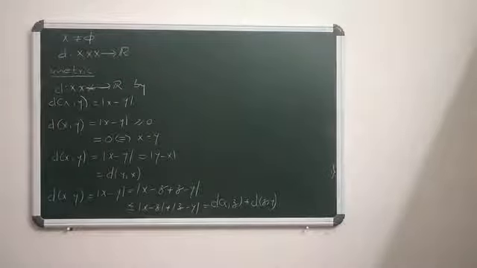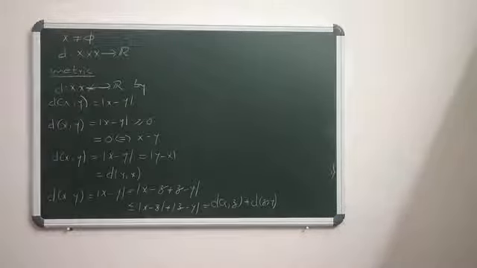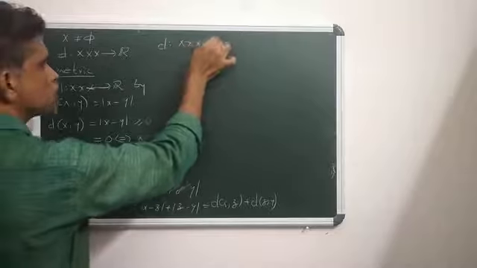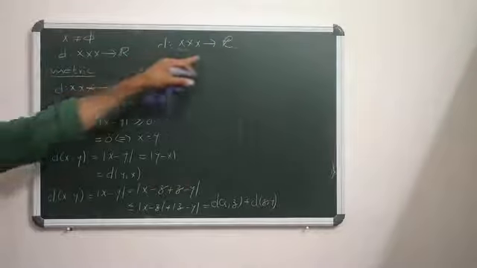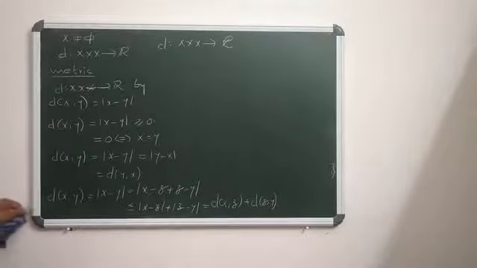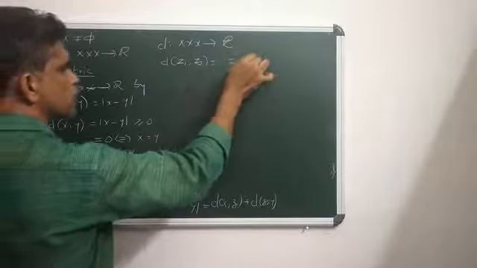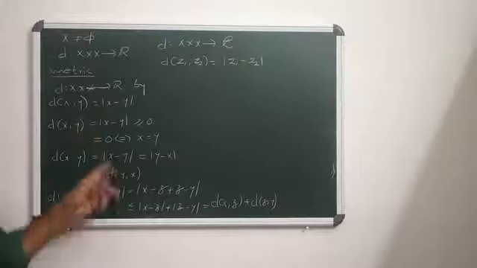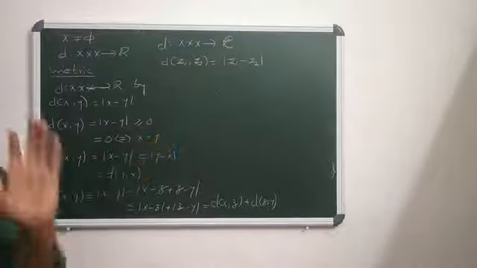Now, instead of R, you can define d from X cross X to C, where C is the complex field. It is defined with d(z1,z2), where z1 and z2 are any two complex numbers, such that d(z1,z2) is modulus of z1 minus z2. In the light of the same argument, we can immediately conclude that d(z1,z2) is also a metric.